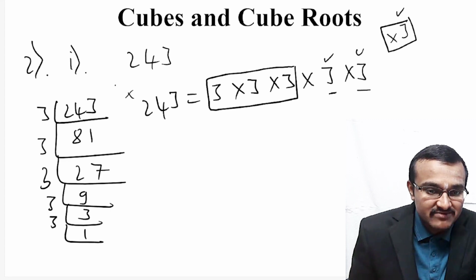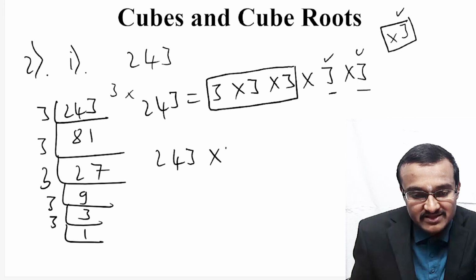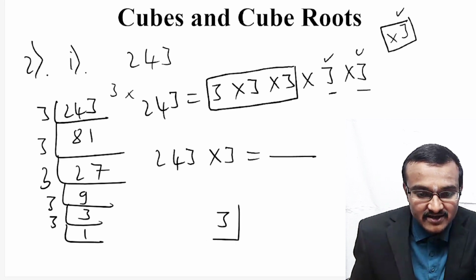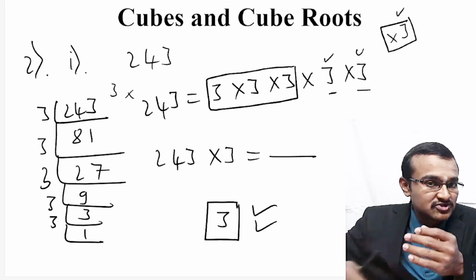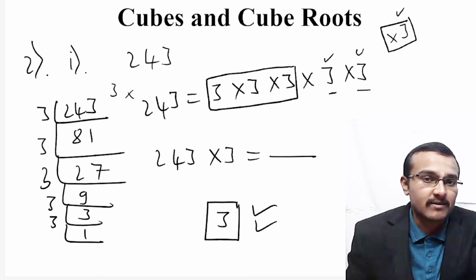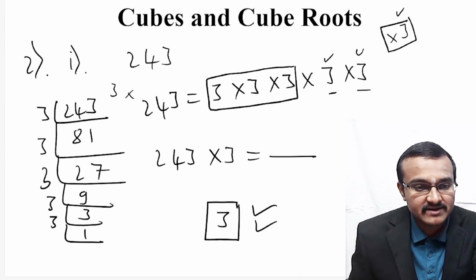So that means this 243 should be multiplied with 3. When you multiply 243 with 3, you will get a perfect cube number. So the answer here for the first part is 3. 3 is the least number which you should multiply with 243 to get a perfect cube number. This is just the answer which is asked there, so you can leave it here itself.